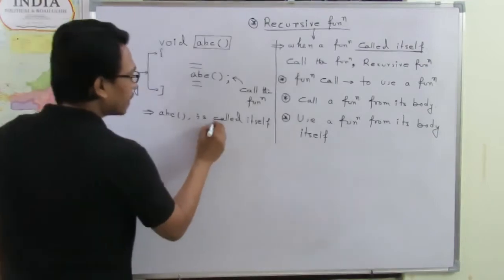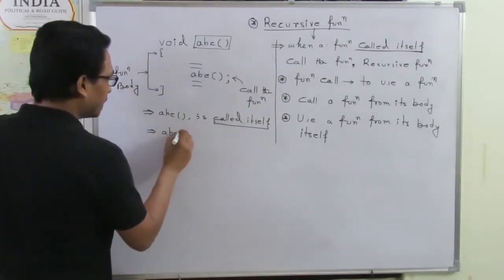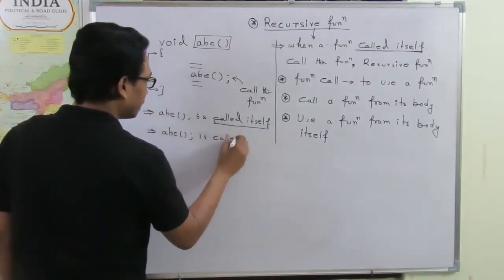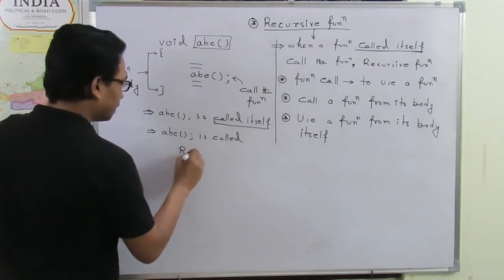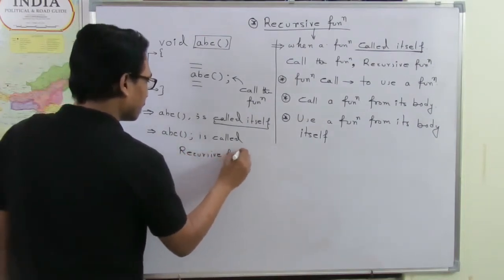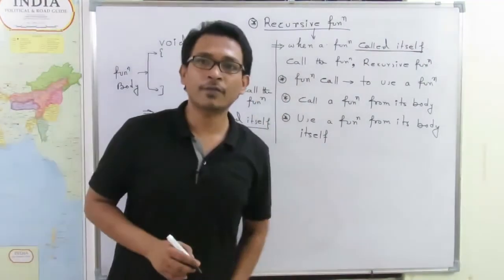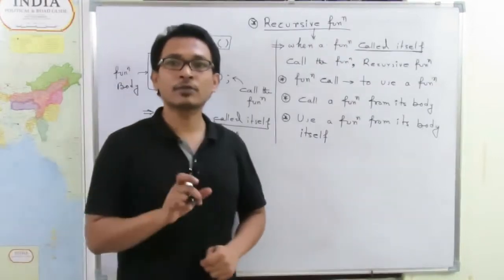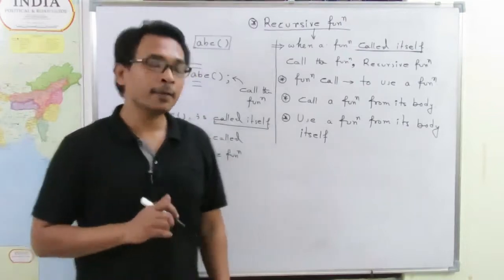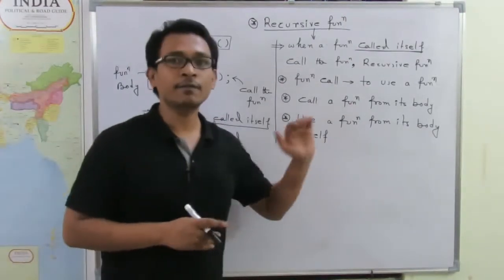So as the function called itself, that's why ABC function is called a recursive function. Clear? This is what we called a user defined function is recursive user defined function, or simply use recursive function. Clear? So this is the basic concept of recursive function.